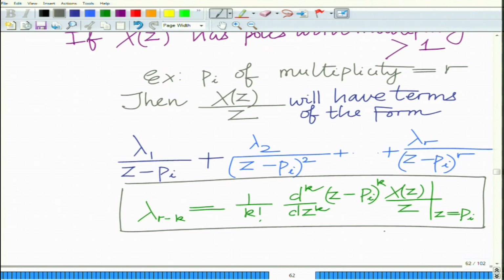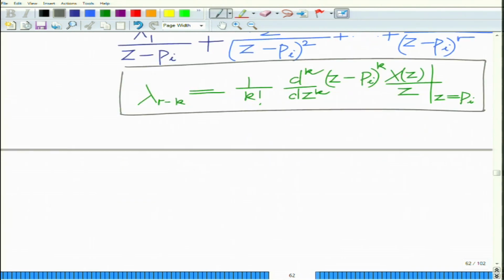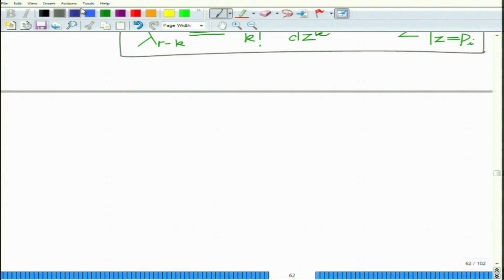And from this, once again, one can find the inverse z transform of the given function. Let us now look at the properties of the region of convergence, the properties of the ROC.